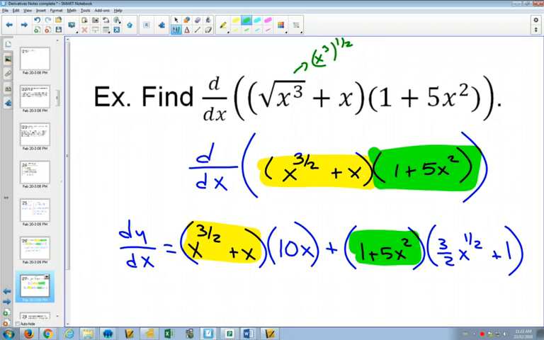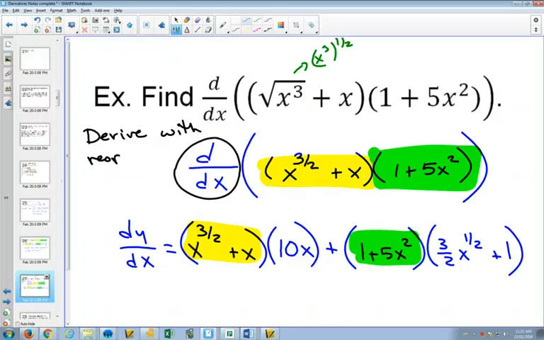Some things just to note as far as what do things mean. This d dx means it's a command: derive with respect to x. So that d dx is a command that wants you to derive whatever's inside with respect to x.